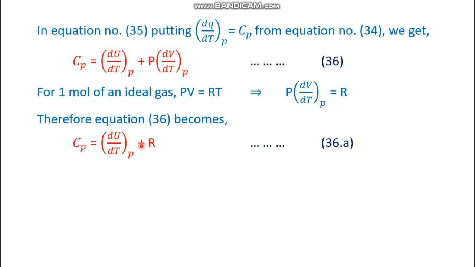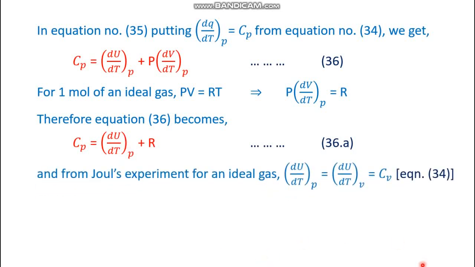And finally, from Joule's experiment, we know that (dU/dT)_P equals (dU/dT)_V also for an ideal gas. Therefore, in place of (dU/dT)_P, we can put here (dU/dT)_V.